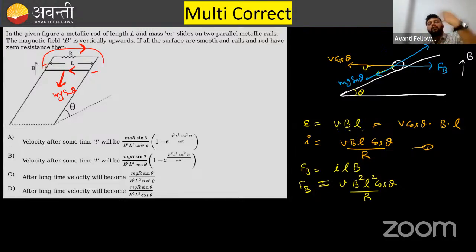I am saying after a long time, they both will balance each other. If they both balance each other, I can write in equilibrium, mg sin theta is equal to FB cos theta.